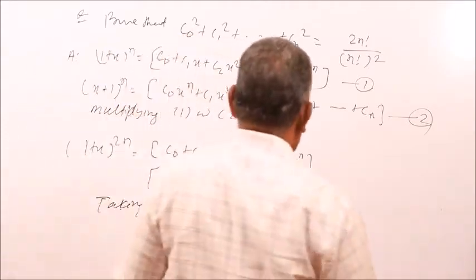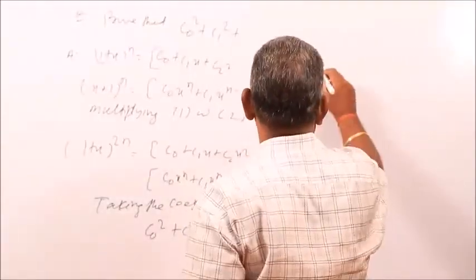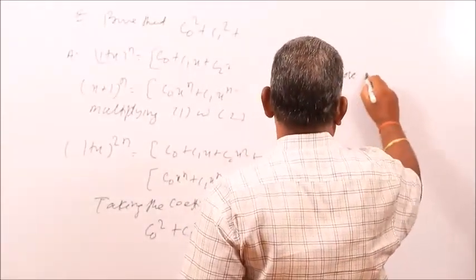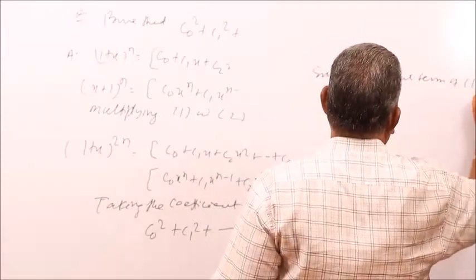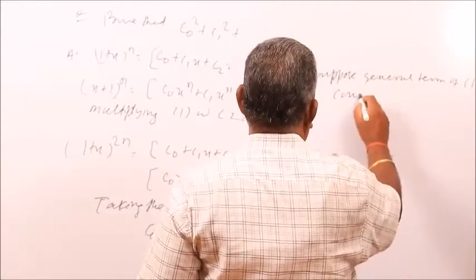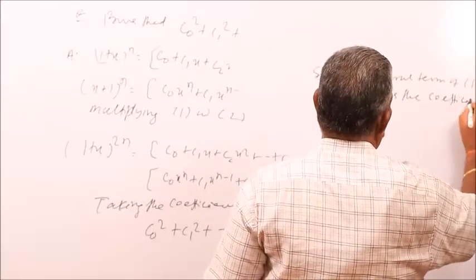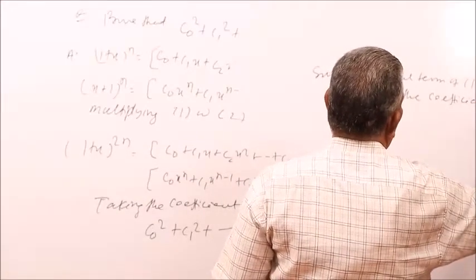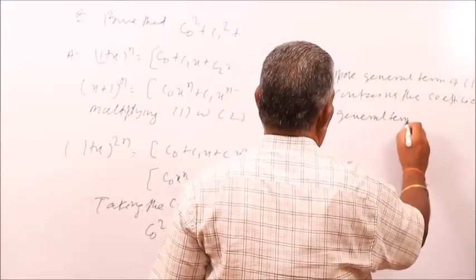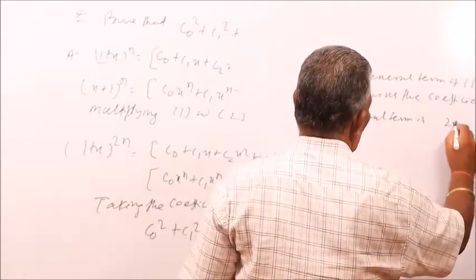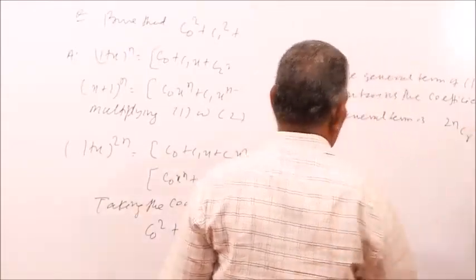About the left hand side term, suppose the general term of 1 plus x whole to the power 2n contains the coefficient of x to the power n. That is, the general term is, like the previous case, 2n Cr 1 to the power 2n minus r x to the power r.